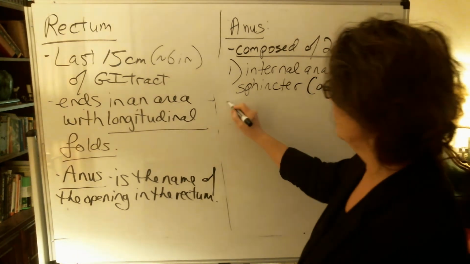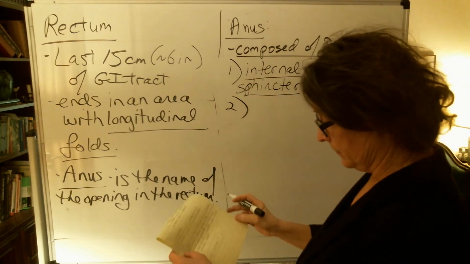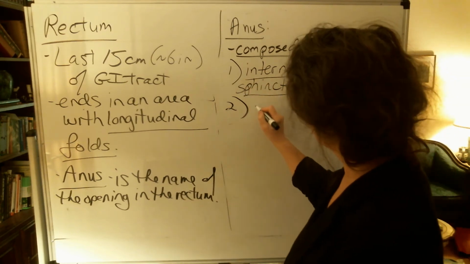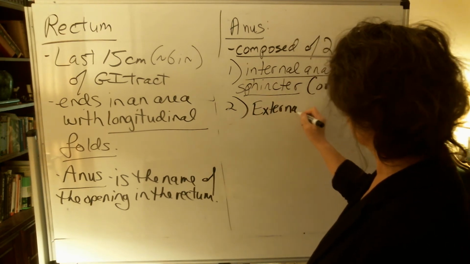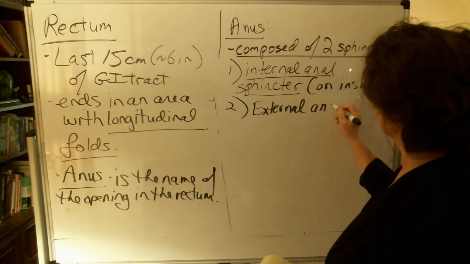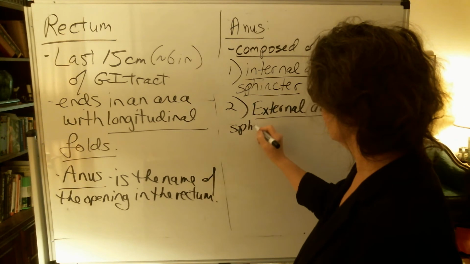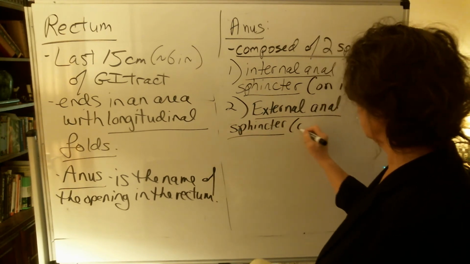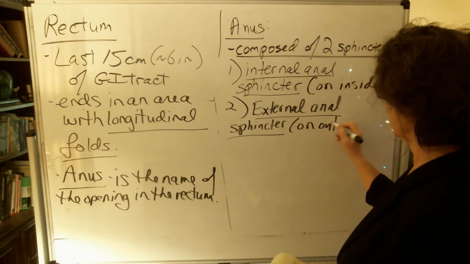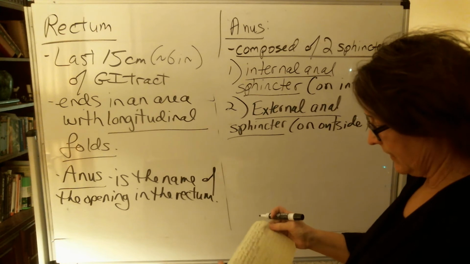And then there's the one on the outside, which is the external anal sphincter. That one is on the outside.